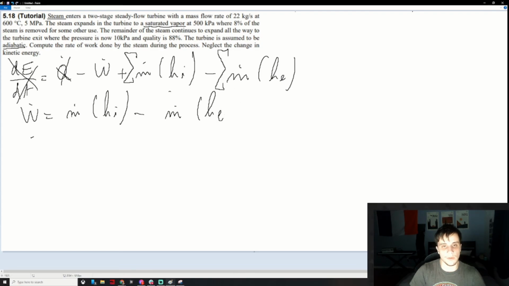There's the first one. So initially, where 8% of the steam is removed for some other use, we'll call the 8% the second state, the same way as the correction, and the remaining 92% the third state.